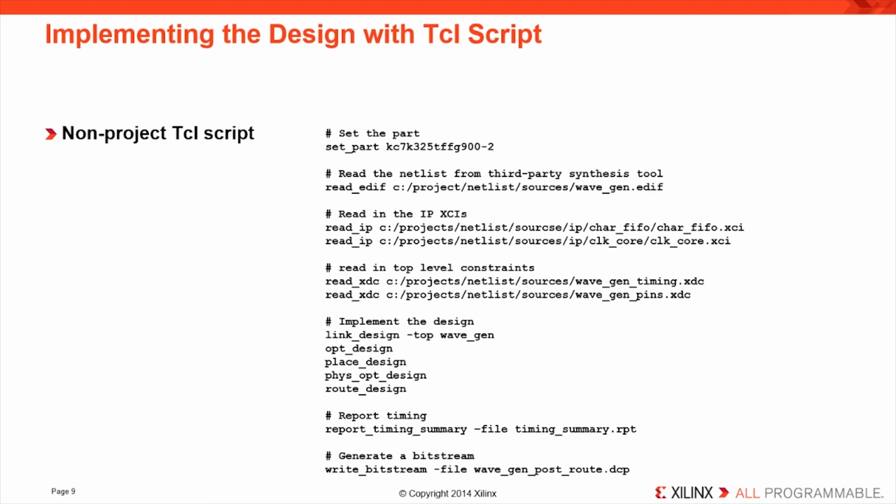Once the design is placed, you will route it using the route_design command. Next, you should generate a sign-off timing report using the report_timing_summary command and specify a file name. Finally, generate a bitstream to program a device. There are many options available for the implementation commands. I will provide some references later, which you should review for more details on implementing a design.